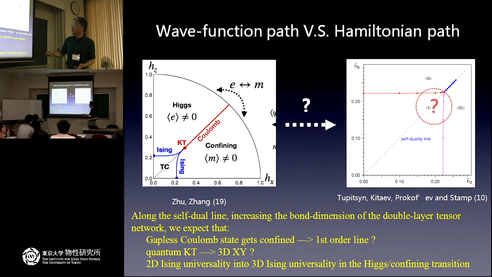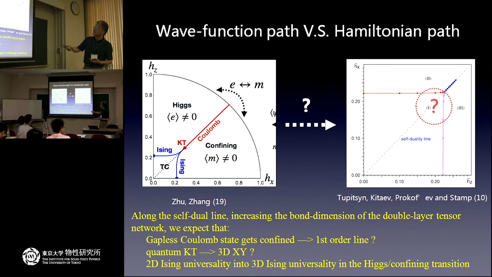So we believe that, for example, along this self-dual line, when we increase the bond dimension of this double-layer tensor network, we expect this gapless Coulomb state will get confined, and this continuum phase transition line of the Cardy-Rokhsar-Kivelson type will become a first-order line. And also this two-dimensional Ising universality transition line will become the three-dimensional Ising universality class.